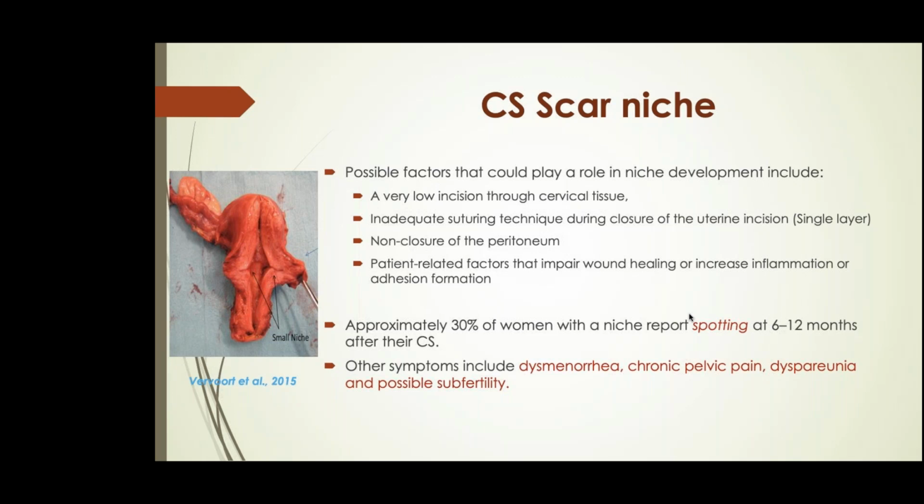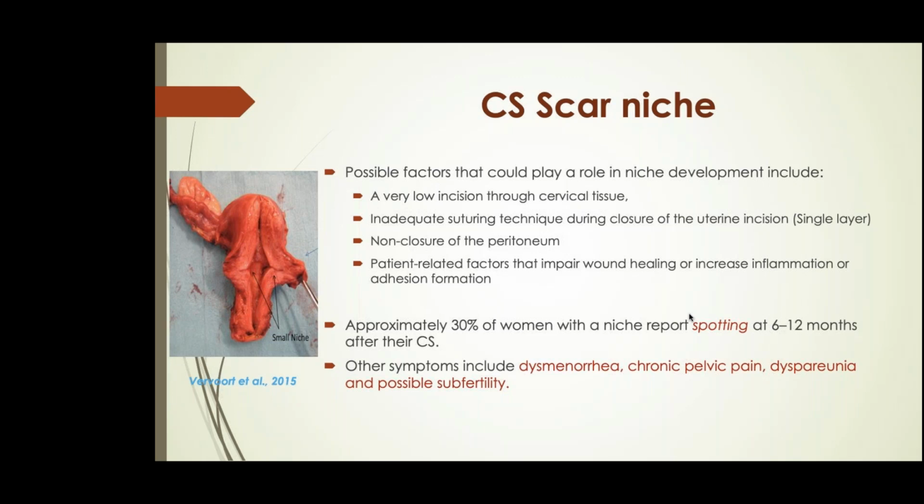Approximately 30% of women with a niche report spotting at 6 or 12 months after their cesarean section. So it can cause not only obstetrical problems, but gynecological problems as well, like postmenstrual spotting, dysmenorrhea, chronic pelvic pain, dyspareunia, and in addition possible subfertility.